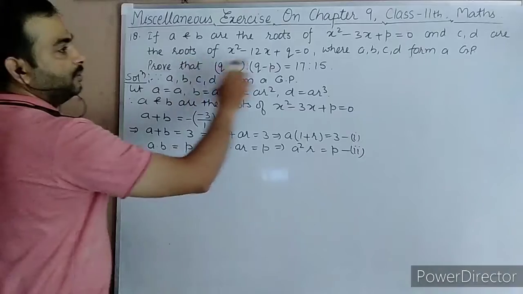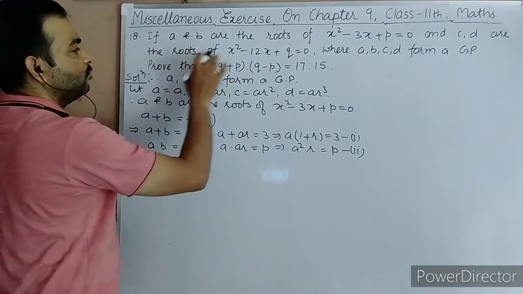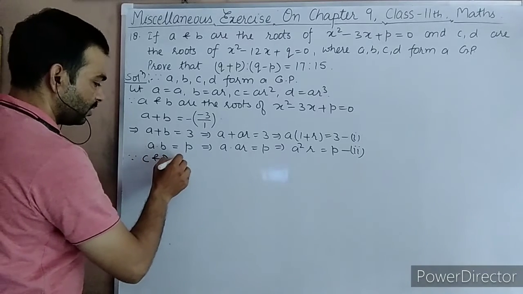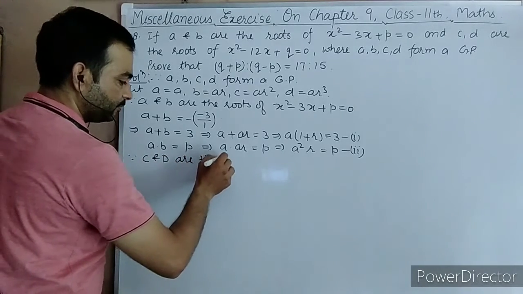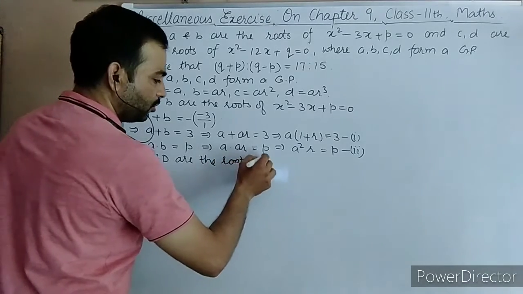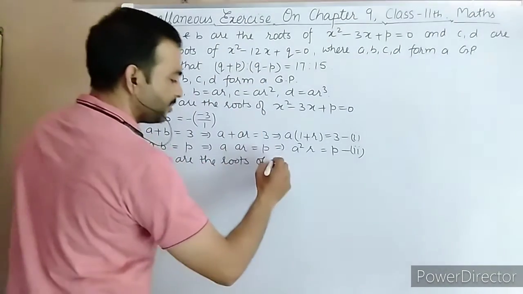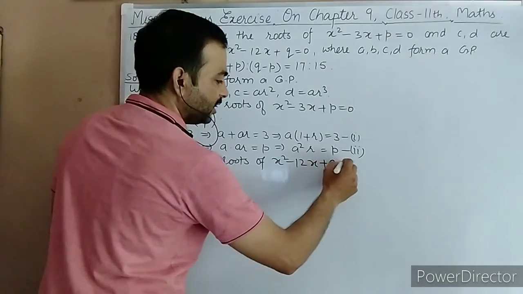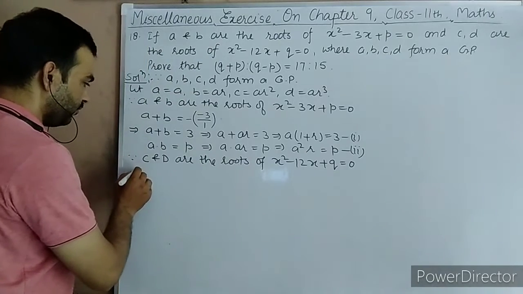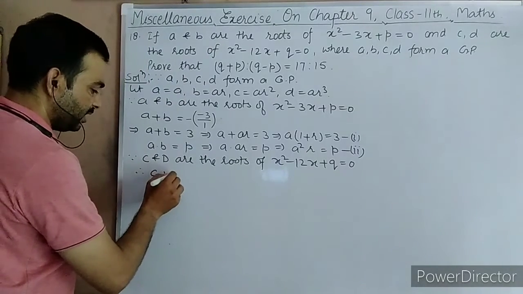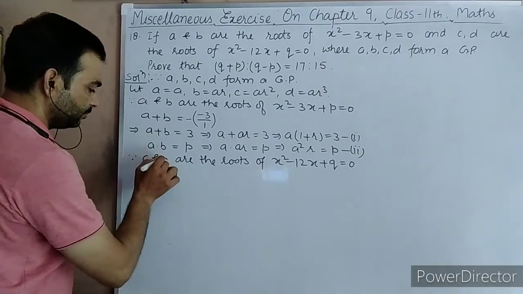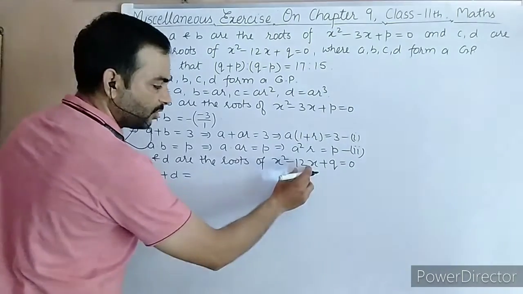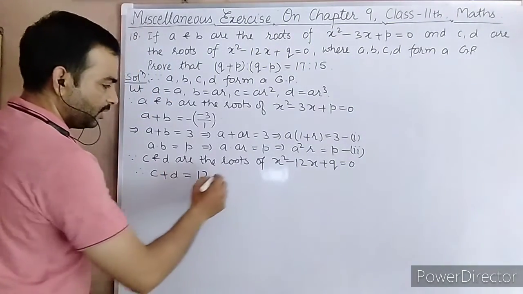Now since c and d are the roots of x² − 12x + q = 0, therefore c + d, that is the sum of roots, is 12.